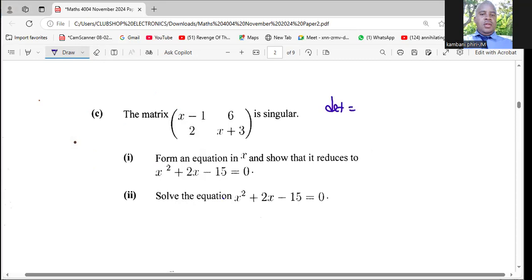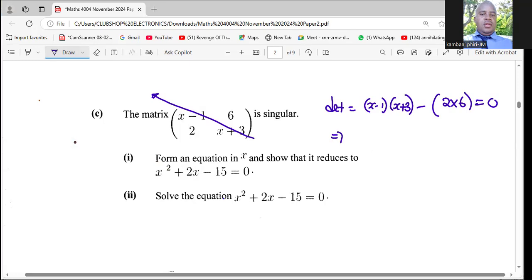The determinant will be equal to the product of the left diagonal, x minus 1, x plus 3, minus the product of the right diagonal, 2 by 6, and this is equal to 0.